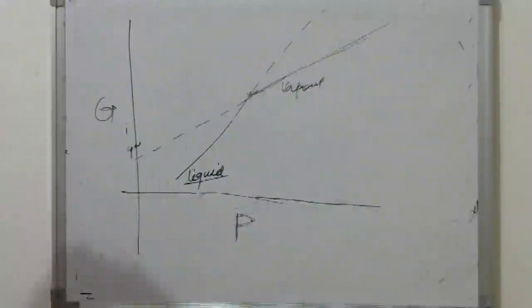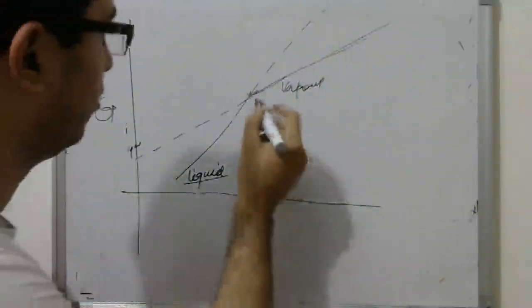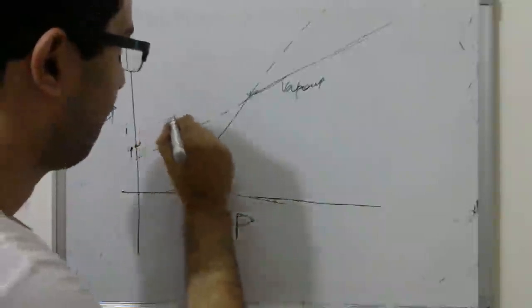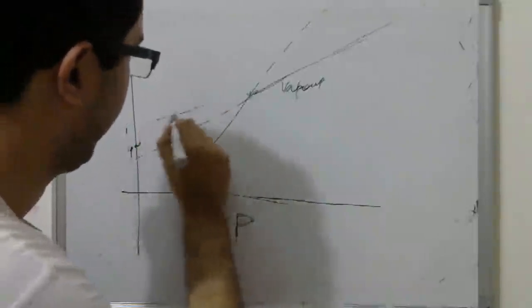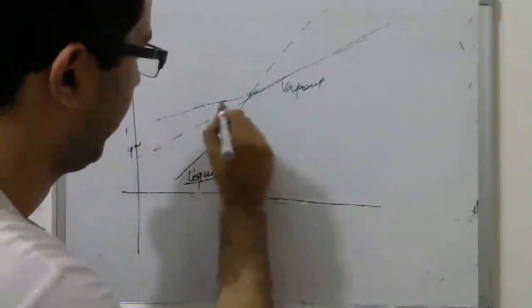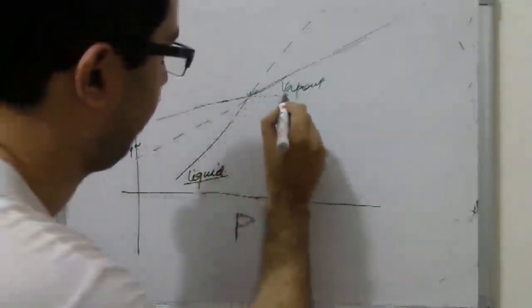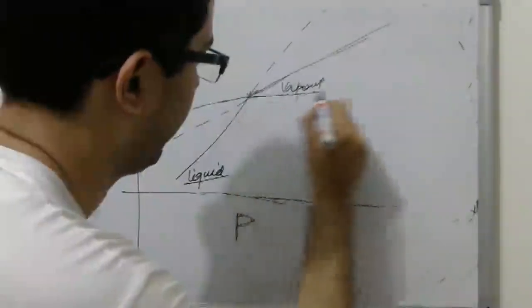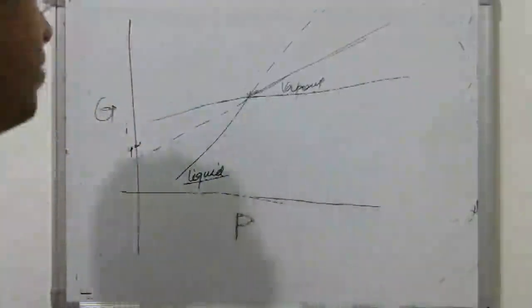Similarly, for a solid, the solid line might look like this. I'll just break it.